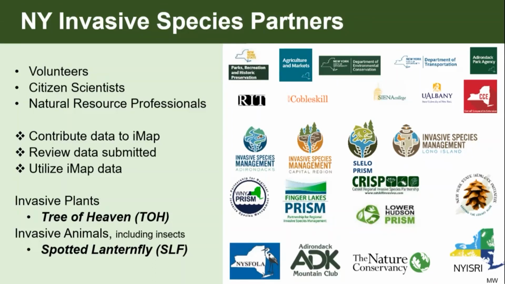And so this includes invasive plants like tree of heaven, which we'll learn about today, and also invasive animals, including insects like spotted lanternfly. And so a big thank you to all of the organizations we collaborate with. So the PRISMs, state agencies, all sorts of other organizations as well, and all of our volunteers, of course.